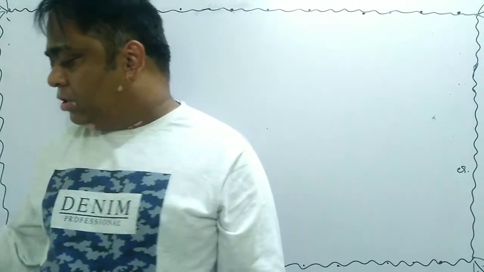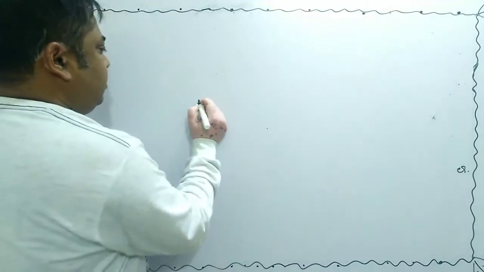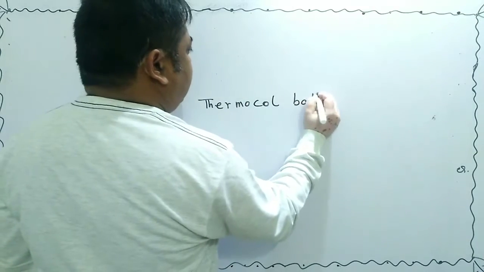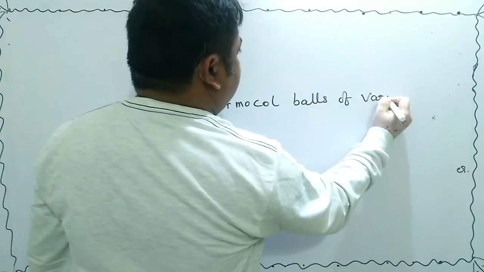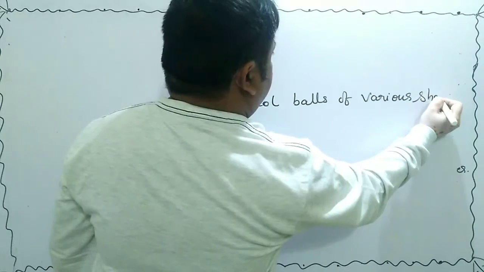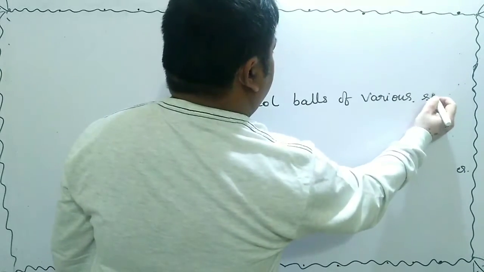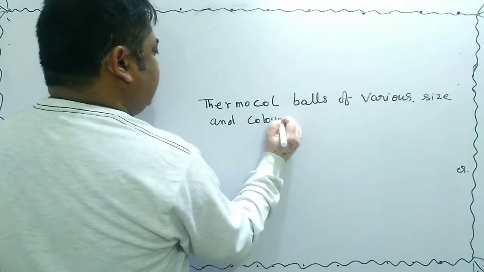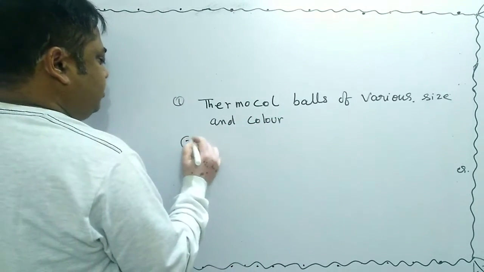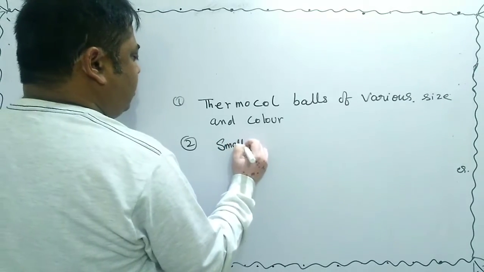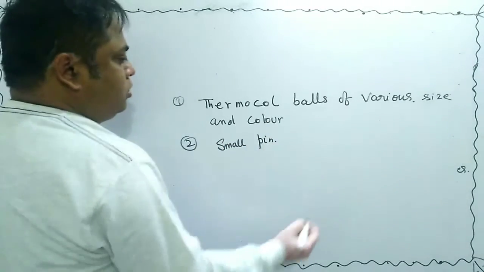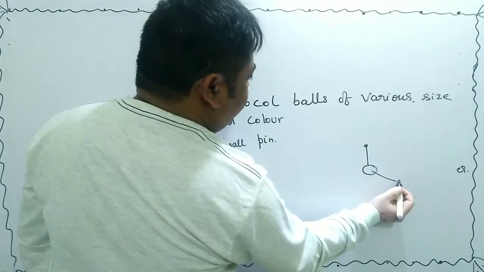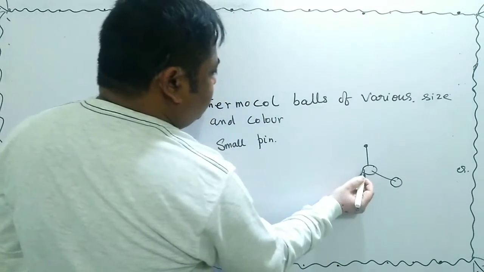You can take thermocol balls of various size and color, and you can take some small pins. Using those pins, you can make various different types of molecules.